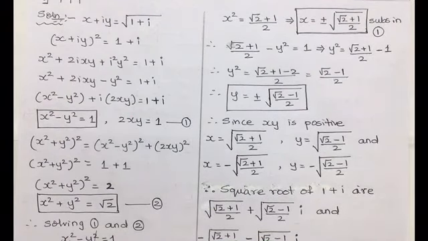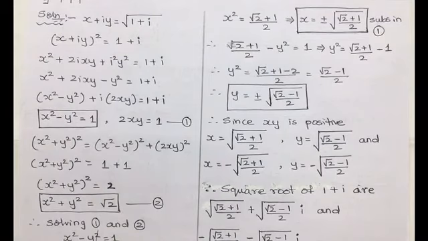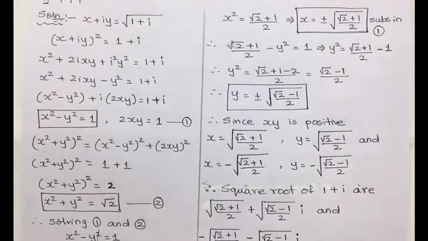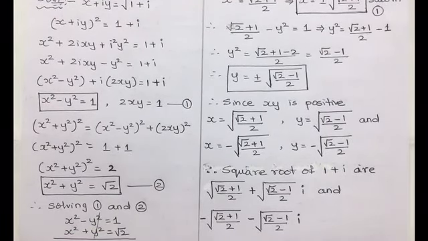And finally writing the square root of 1 plus i by taking the combination of x and y, both positive becomes root of root 2 plus 1 divided by 2 plus root of root 2 minus 1 divided by 2 i, that is x plus iy.